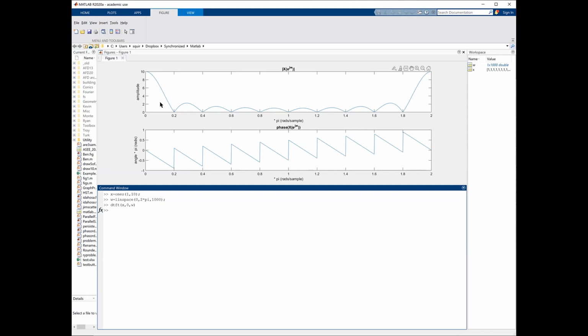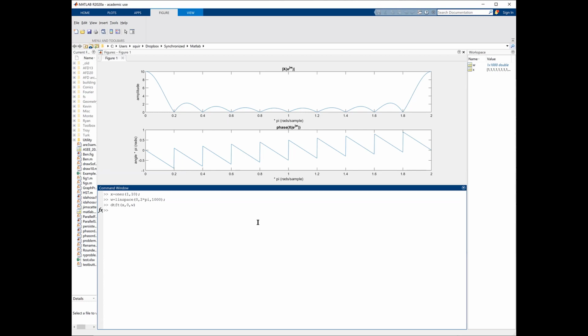But because where we're not drawing the signal, the assumption is that it's zeros, there is a transition then. It's 0, 0, 0 until we get to n equals 0, and then it bumps up to ones, and then at n equals 10, it bumps back down to zeros again. So it has some changing, some high frequency energy, and that's what's shown over here. That's why we get this sync value.